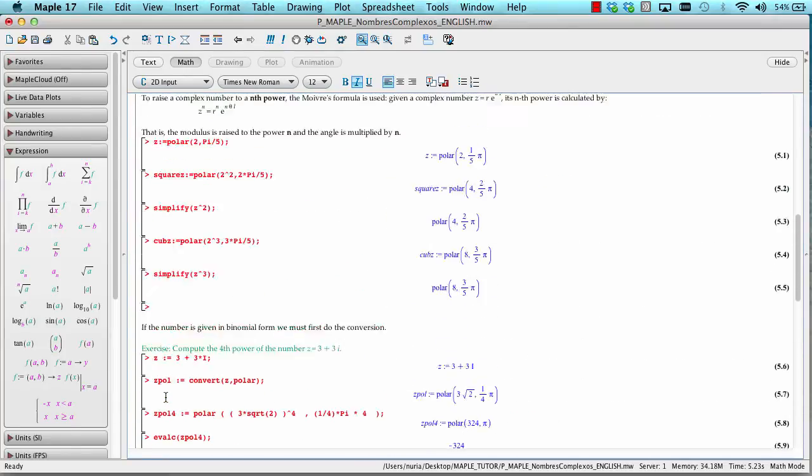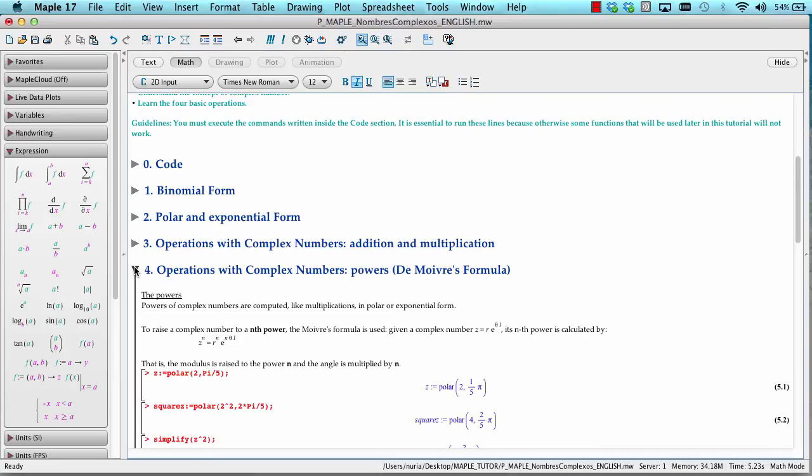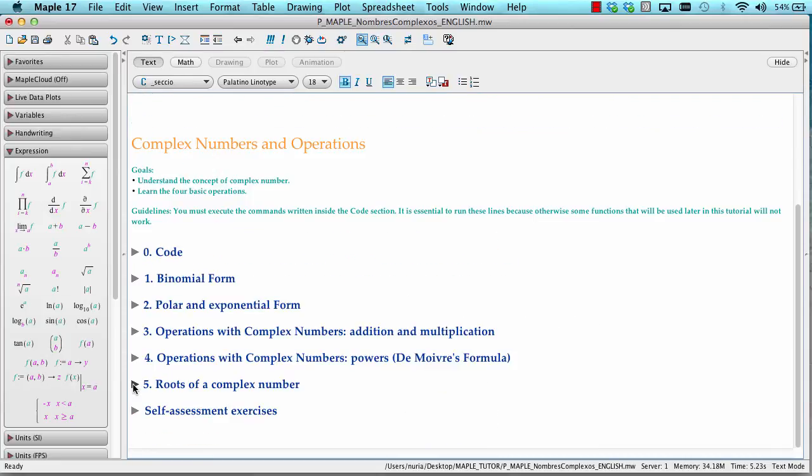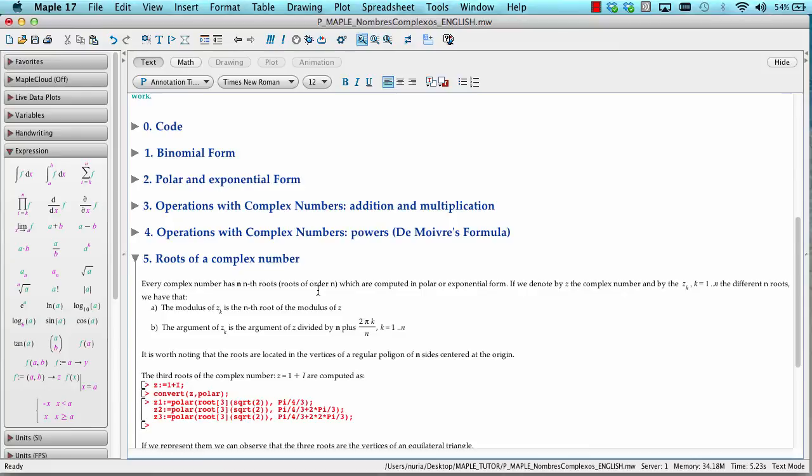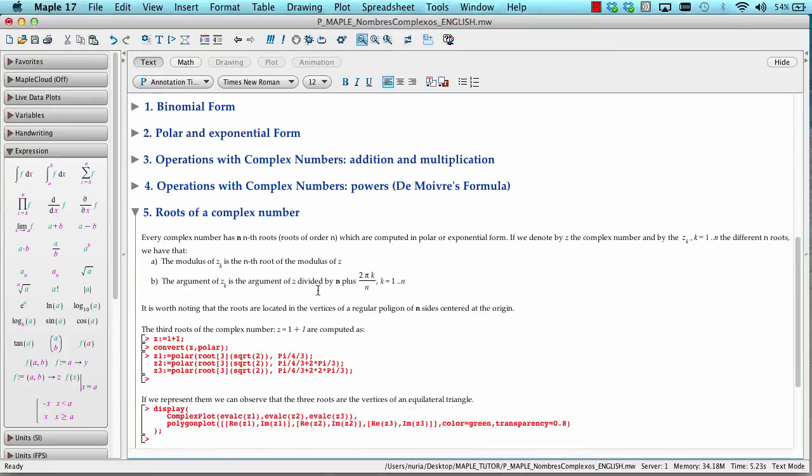So now that we know how to compute powers, let's see how to compute roots. Every complex number has n nth roots. So it has 2 square roots, 3 third order roots, 4 fourth order roots, 5 fifth order roots. And how do we compute them?